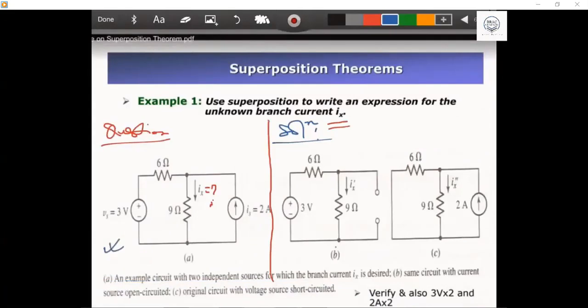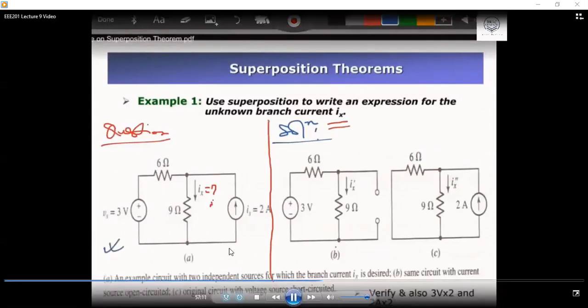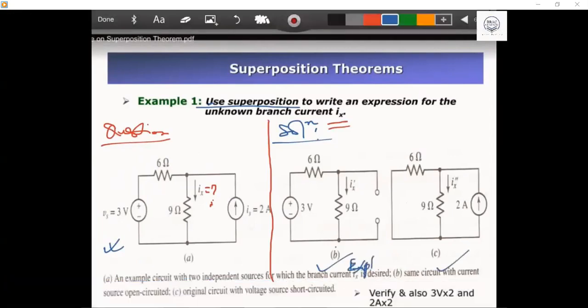Tell me. You have to apply the superposition theorem. Two independent sources, sir. So how many experiments can be done? 2. That means 2 circuits. One source active at a time, all others deactivated. So experiment 1 and experiment 2 are done here.